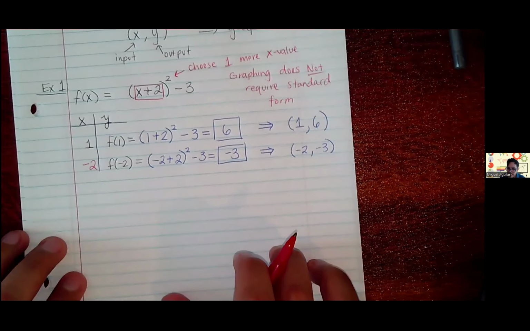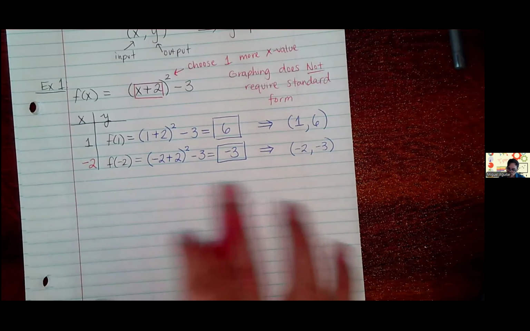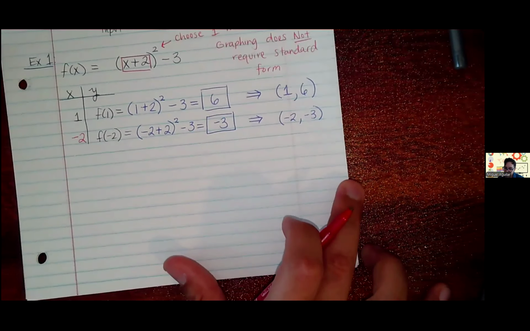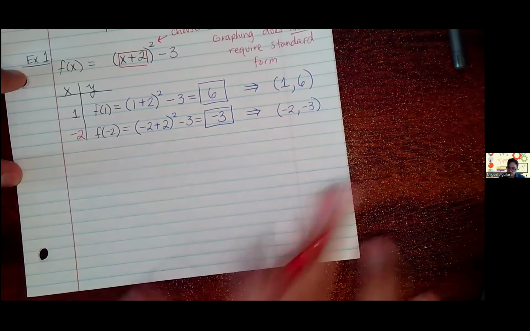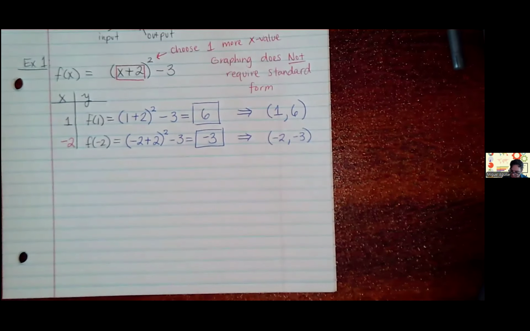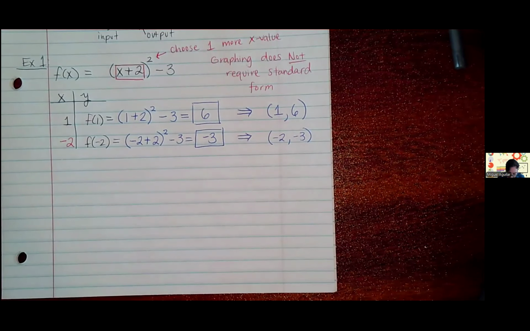So technically we need to choose 3. You'll see when you get into Alex that Alex actually does a lot of the work for you, and you really only have to find 2 points. But just to be thorough here, let's choose a third x value just to get an idea of what we're doing here.